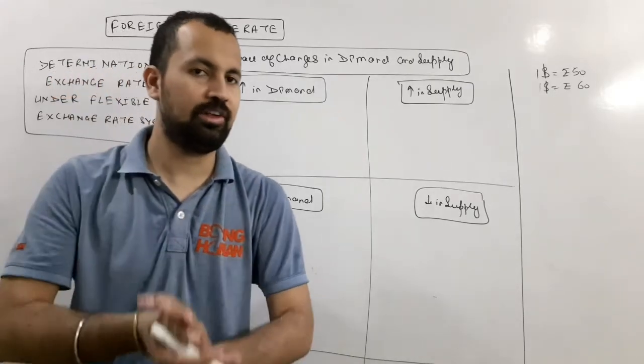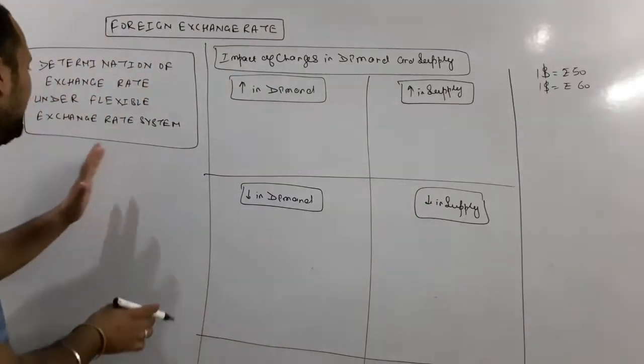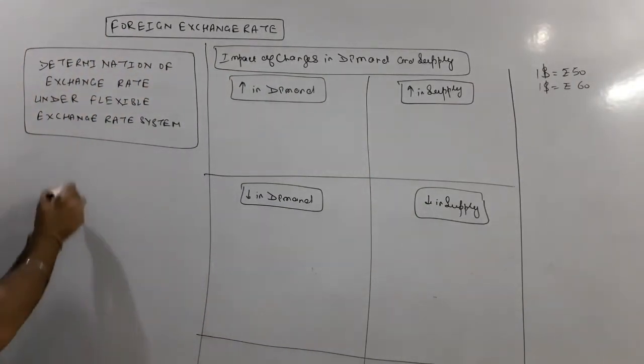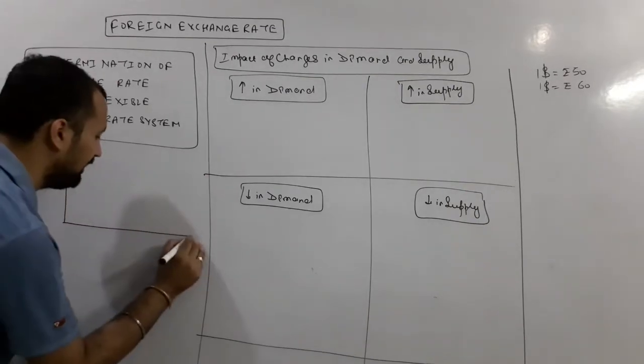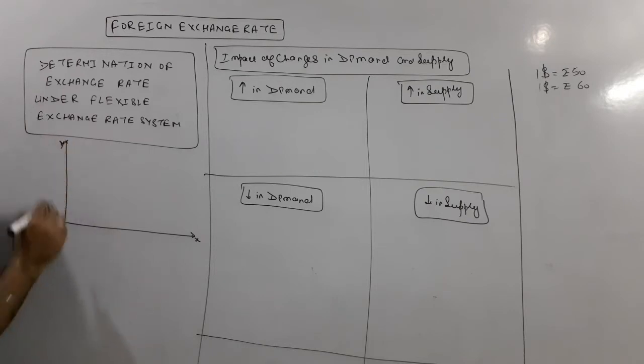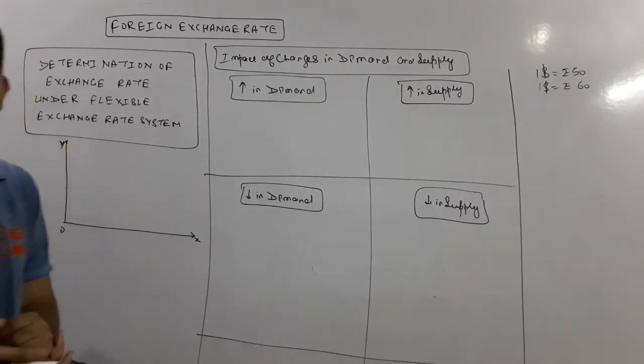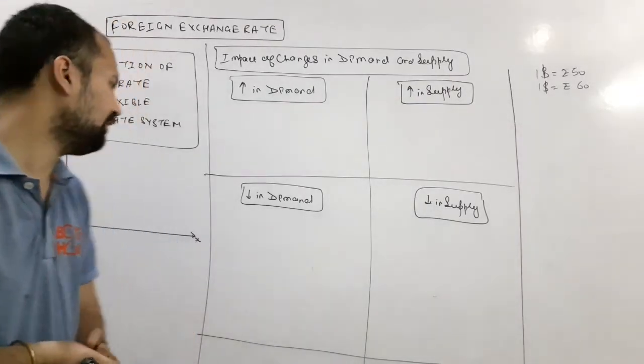Now, how to determine the exchange rate under the flexible exchange rate system, or exchange rate under the free play forces of demand and supply? It is quite simple, as we have already done in class 11. Rate of exchange is decided as per the free play forces. Free play forces means the situation in which demand is equal to supply.